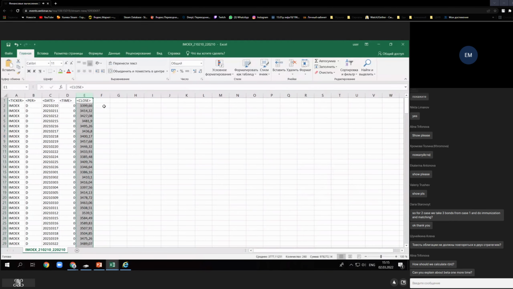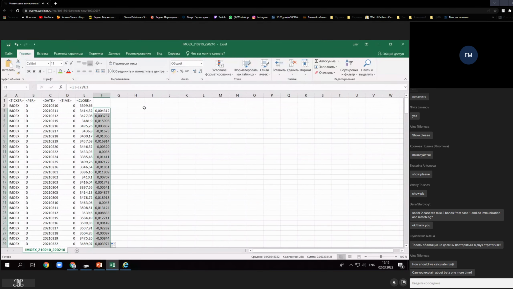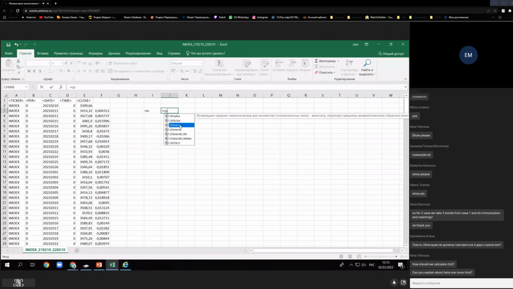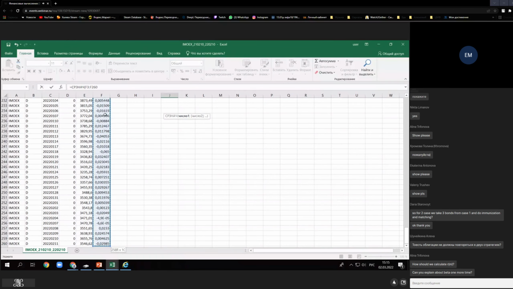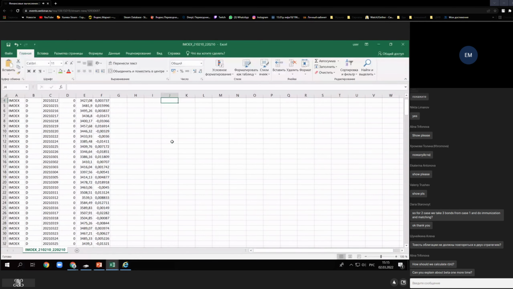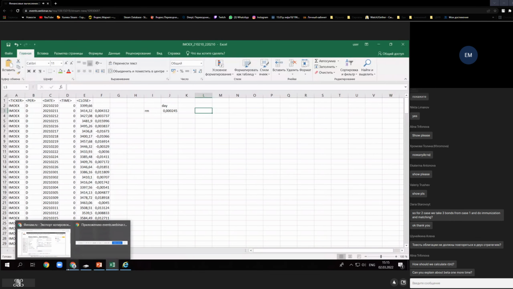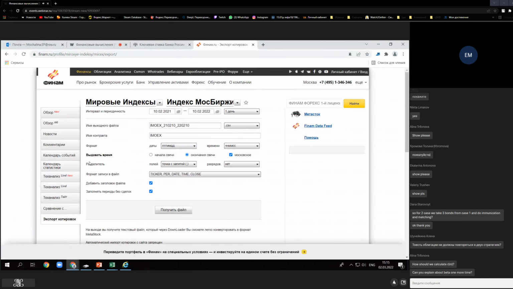So if you want to do it like this, you can calculate like this. And if you want to calculate RM, it will be the average value, like this. Okay. Any questions?